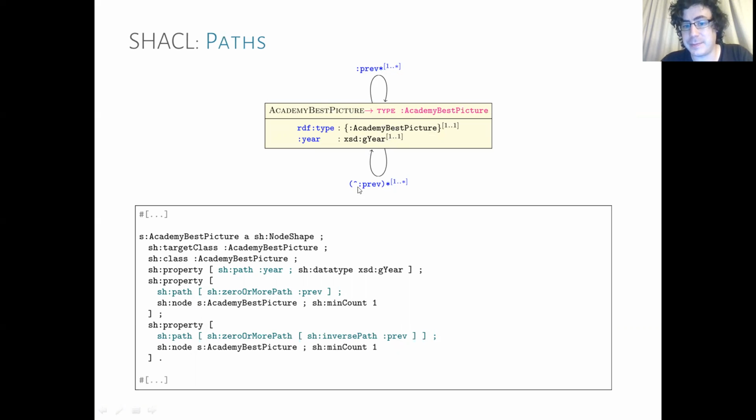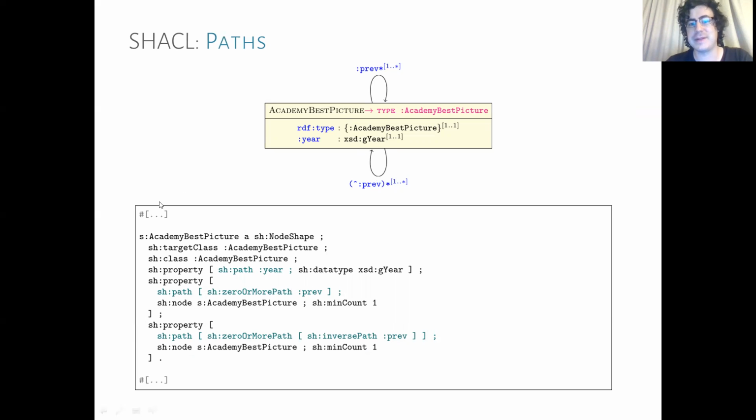Also the inverse previous. So if we go in the other direction of previous, we would also expect that would mean future awards to be of the same type. So this is what we're defining here. And we would expect at least one of these. This is okay because even the first movie will have at least one because it's a zero or more path. So it means that the node itself is in the path.